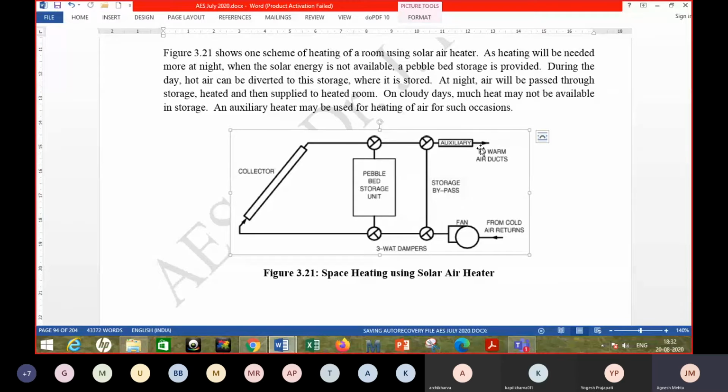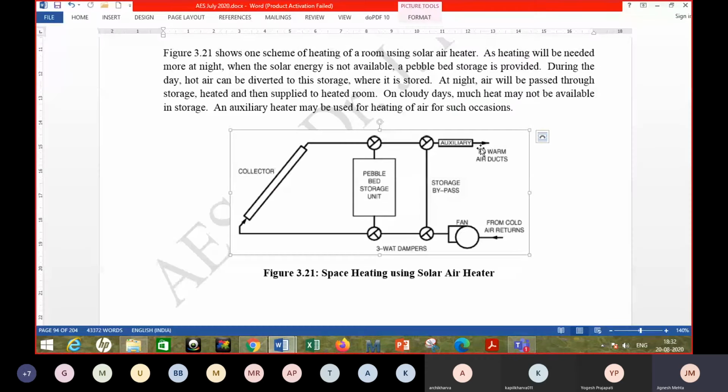Some locally available biofuel or fossil fuel may be used in a boiler to produce hot water or hot air, hot water most of the times, and then you can use a heat exchanger to produce hot air, and that may be used as an auxiliary supply for air heating when solar energy was not available during the daytime. So this is one possible way of using solar air heaters for space heating application.